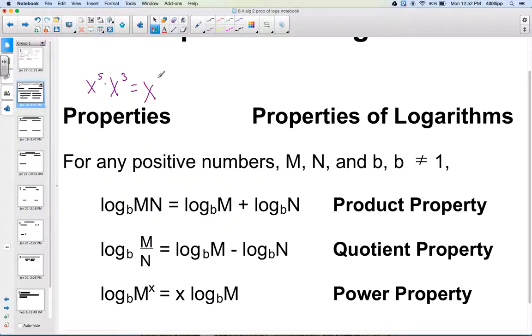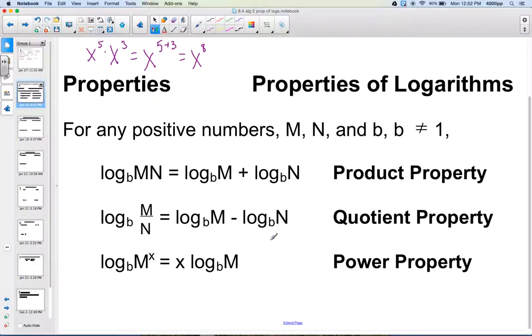We add the exponents. So this is only when you have the same base. You would add the exponents, which would be the same as adding the logs here. This works for both exponents and logarithms because they are inverses of each other, so they share the same properties.